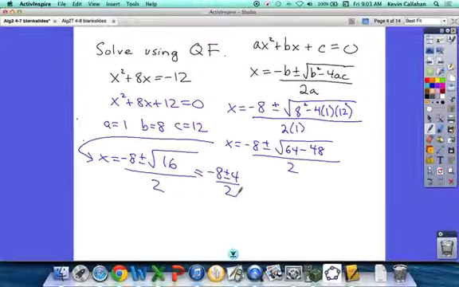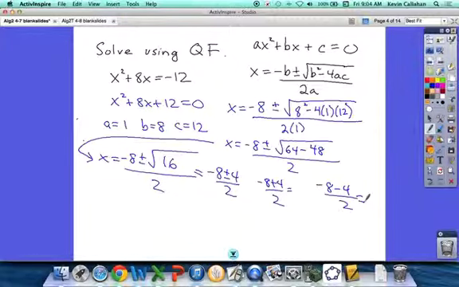So now we've got to deal with the plus or minus, right? It means we're going to do this calculation twice. Once will be negative 8 plus 4 over 2. And then another time will be negative 8 minus 4 over 2. Right? Do it twice. What is negative 8 plus 4 over 2?